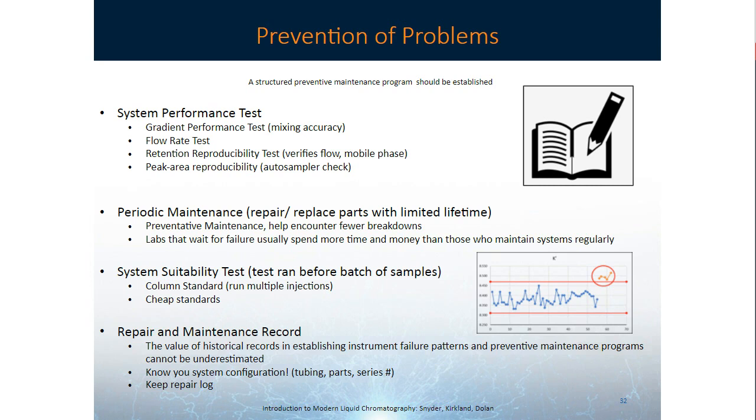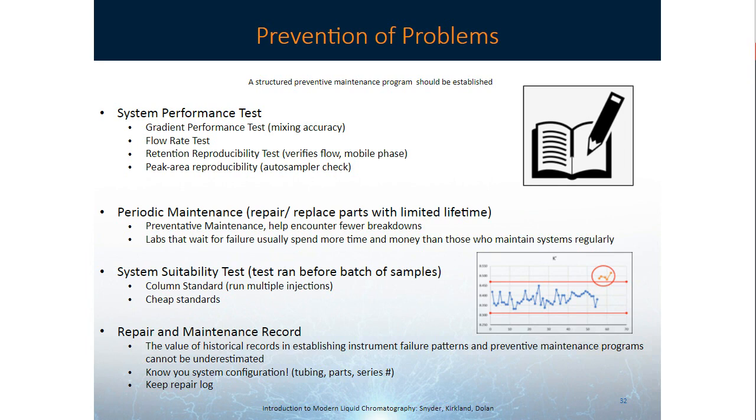And probably most importantly, I would definitely have a repair and maintenance log or a record. I do a lot of maintenance here at AMT, and this is probably one of the most useful things that I have. Taking screenshots of your issues, whether that's a shoulder peak or a leak in your autosampler, saying what parts and what part numbers you're swapping out, how you fix the issue, can really help you in the future, even years down the line, help you troubleshoot your system.